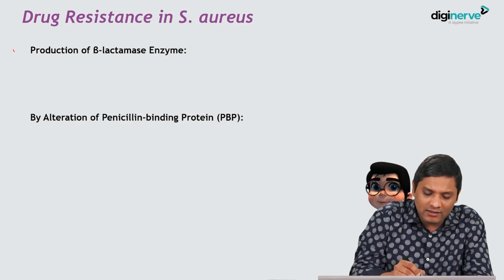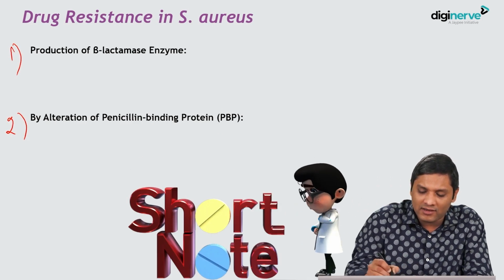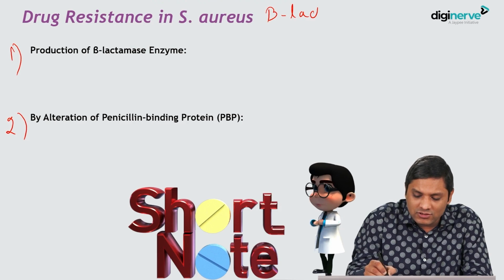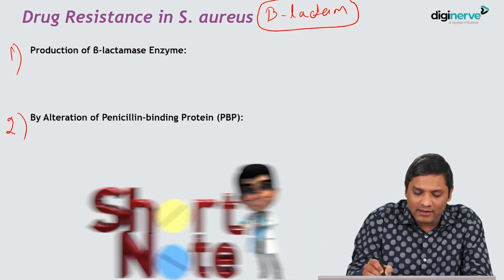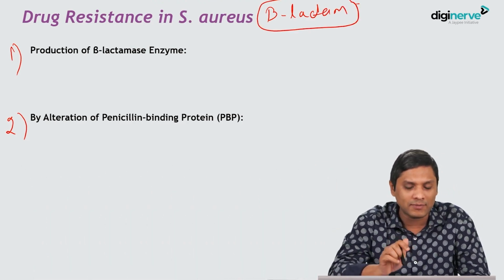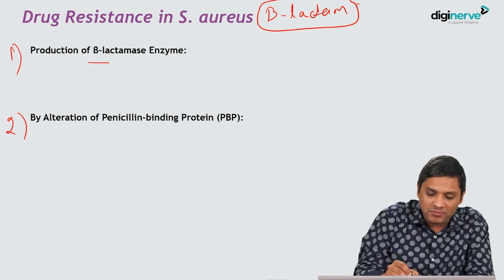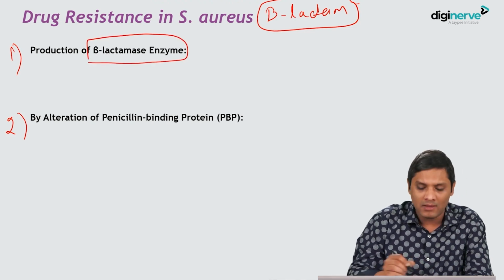Okay, so now we will see drug resistance in Staphylococcus aureus. Remember that resistance to the beta-lactam group of antibiotics may be of two types. The first is by production of beta-lactamase enzyme.